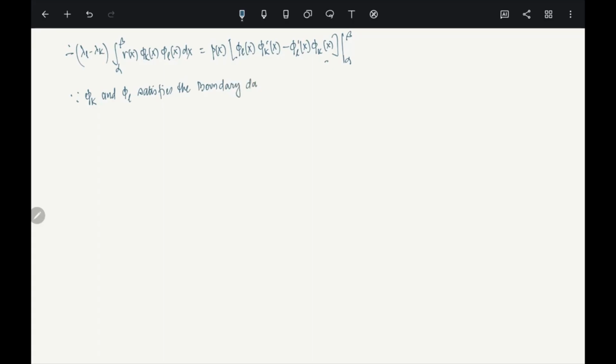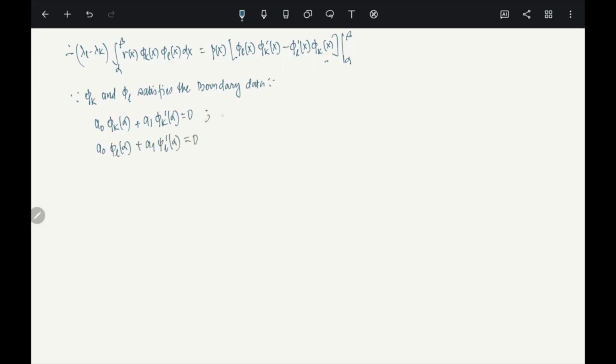Okay, so what does that mean? It means that a naught times phi k at the point alpha plus a1 times phi k prime at the point alpha is equal to 0. And similarly, a naught times phi l at the point alpha plus a1 times phi l prime at the point alpha is 0.